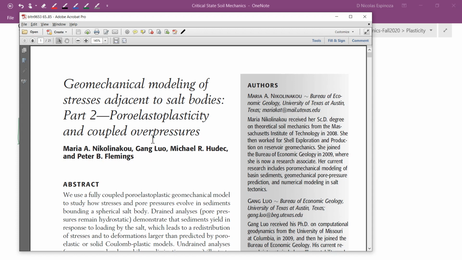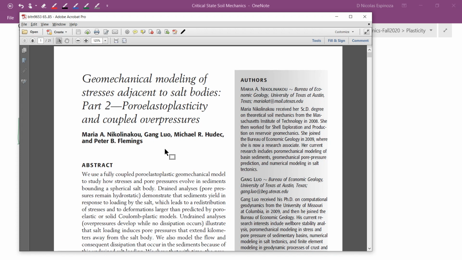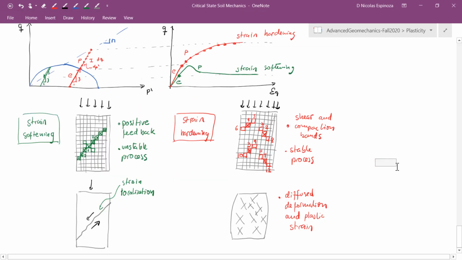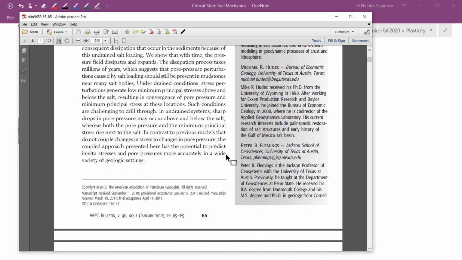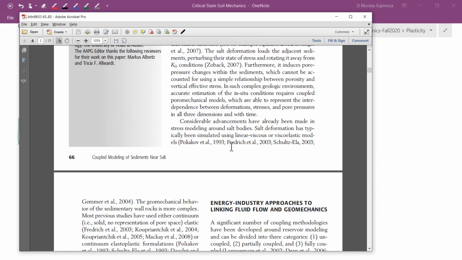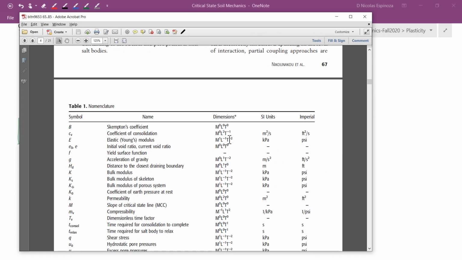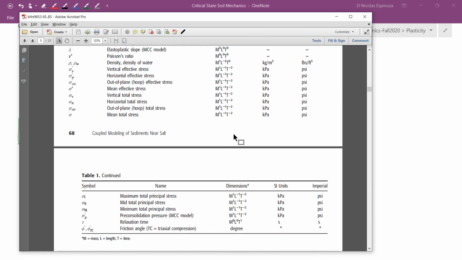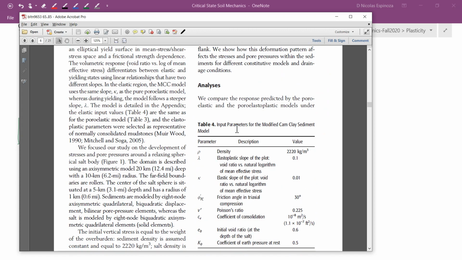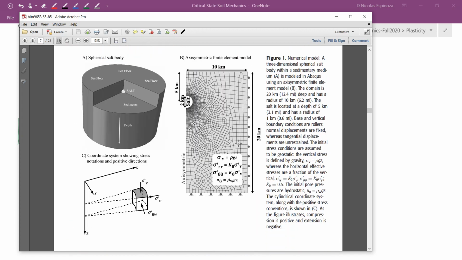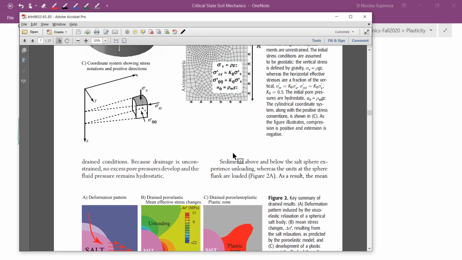And here the authors use a model very similar to the one that we have seen in order to model plastic strains adjacent to salt bodies in more or less soft sediments. Let me just scroll down and look at a few images to see what they do.